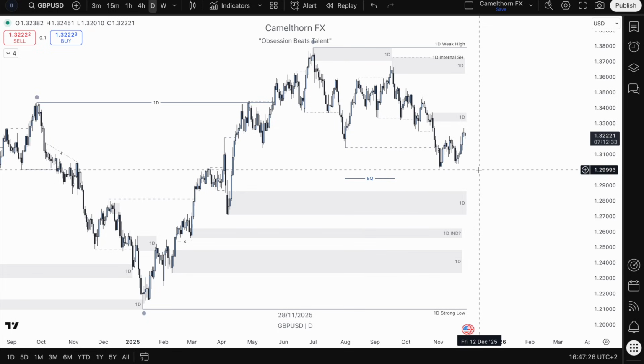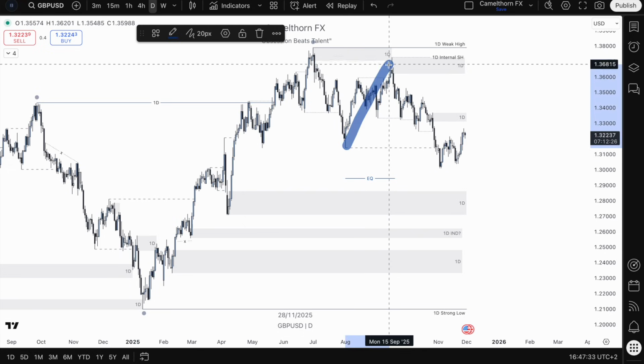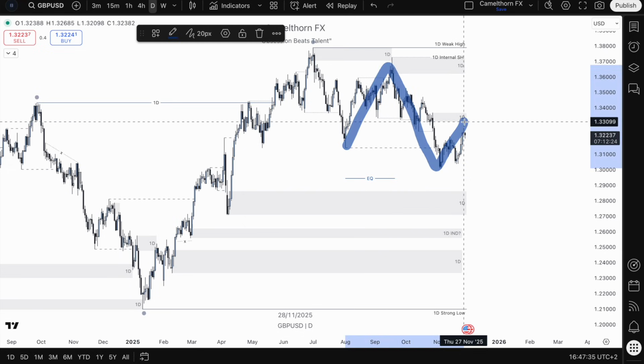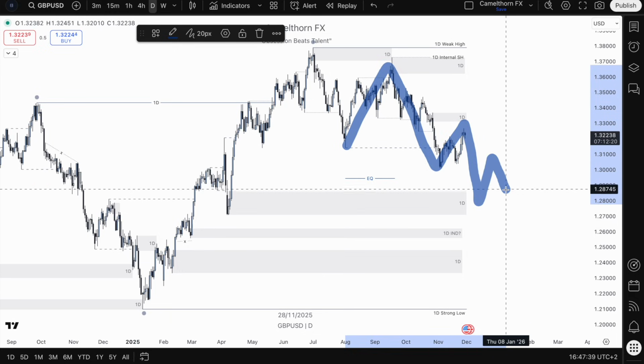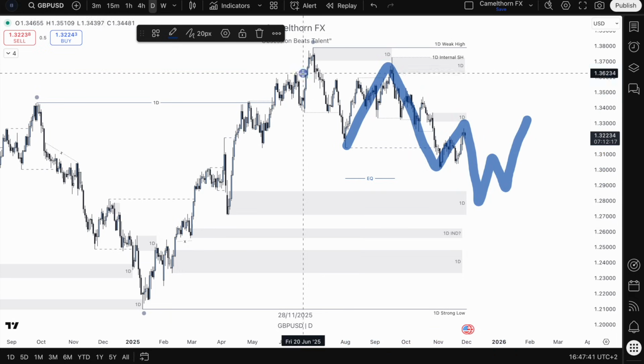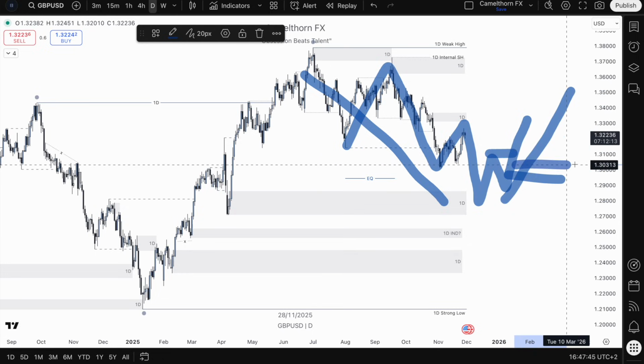But the alternative to trading these areas directly here on the daily time frame would be waiting for our bearish internal structure to come in and mitigate these POIs before seeing a shift from bearishness to bullishness, and then looking to get involved after that shift takes place.